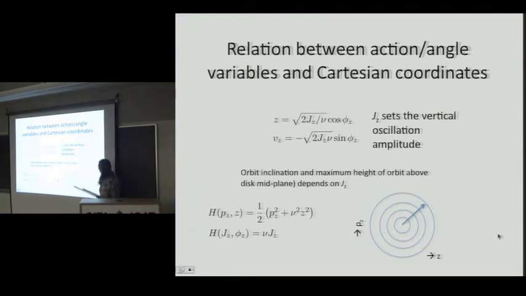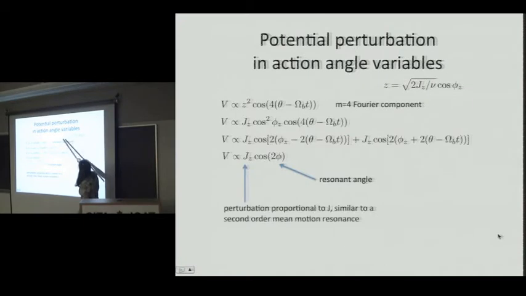If I were drawing just the Hamiltonian that depended on just JZ, I would have a Hamiltonian that looked like that, and the level curves for the Hamiltonian would be circles. Remember, z is related to the action angle variables like this.